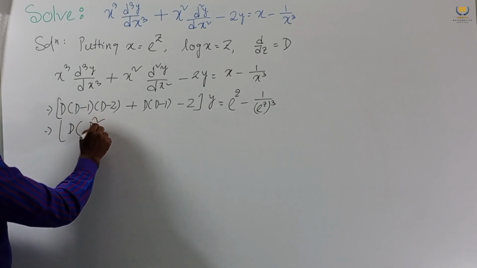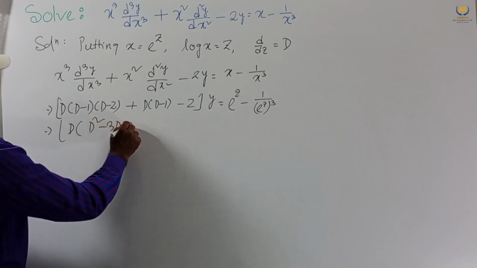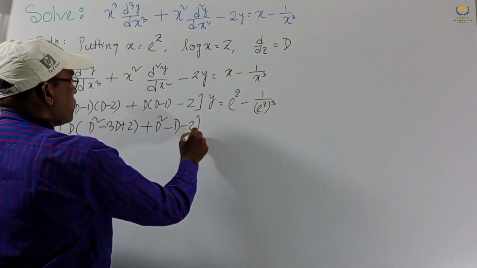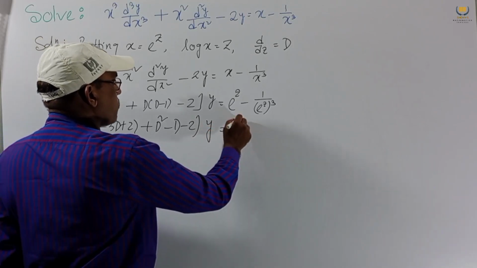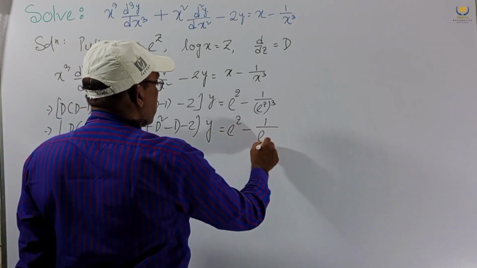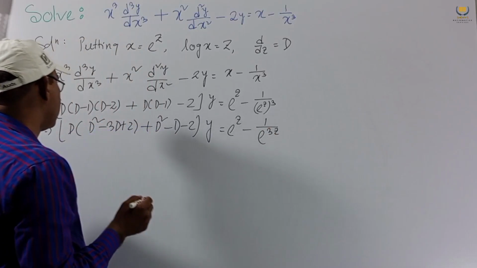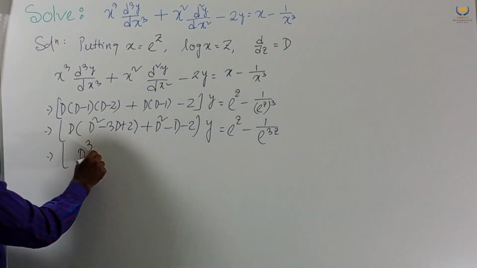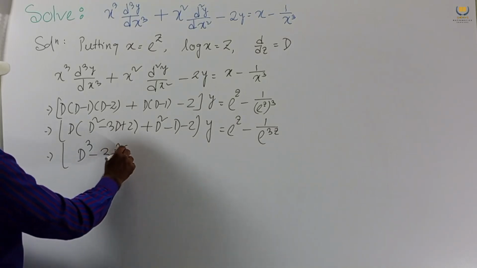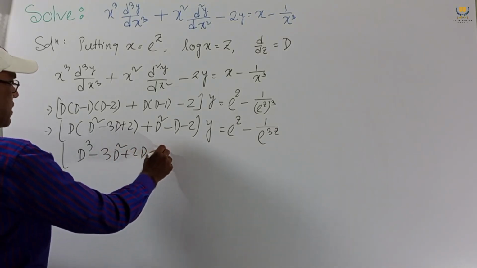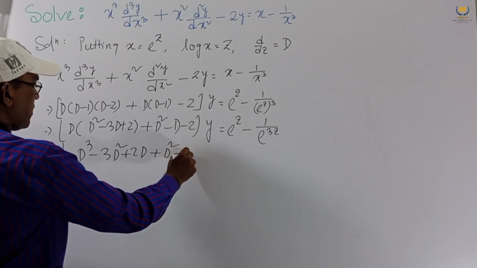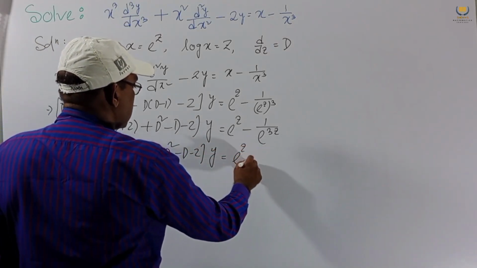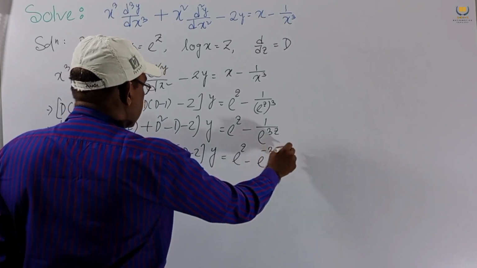we get D square minus 3D plus 2, plus D square minus D minus 2, y equals e to the power z, e to the power minus 3z.